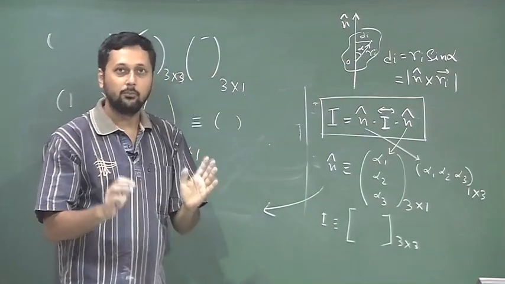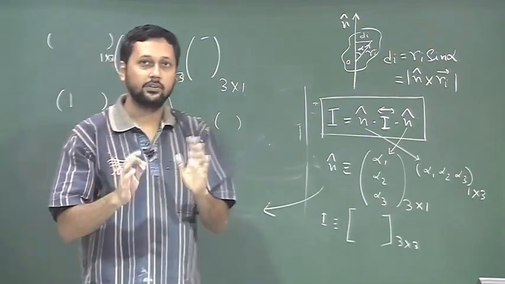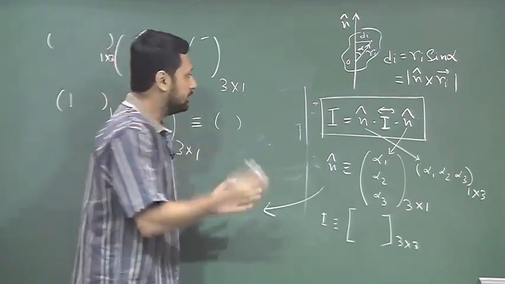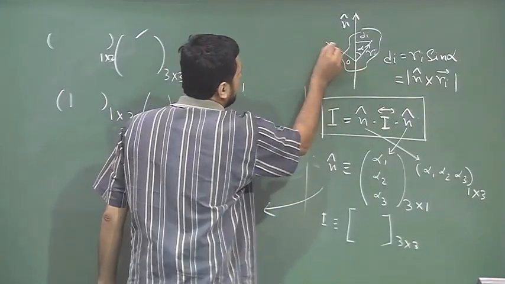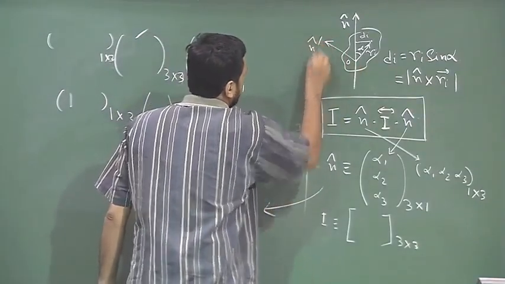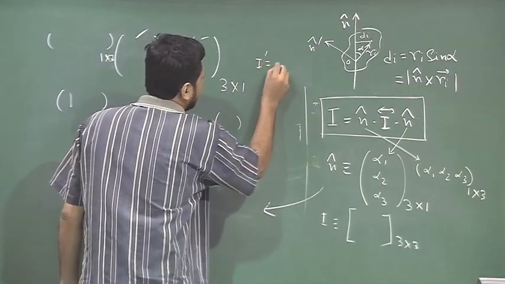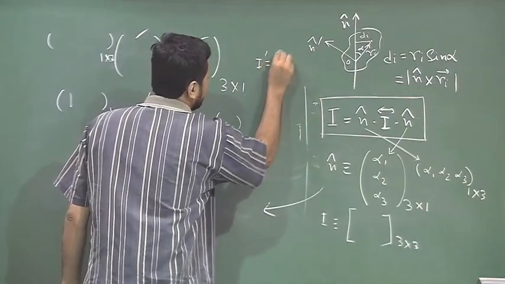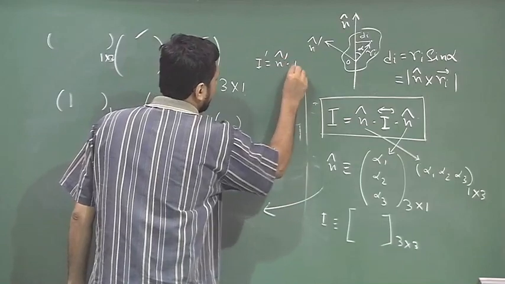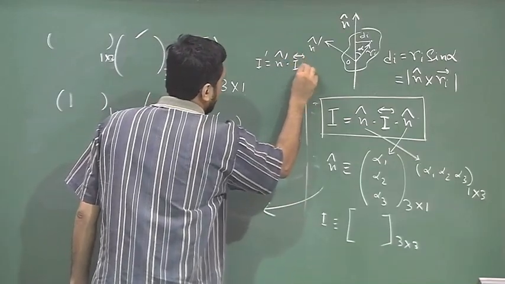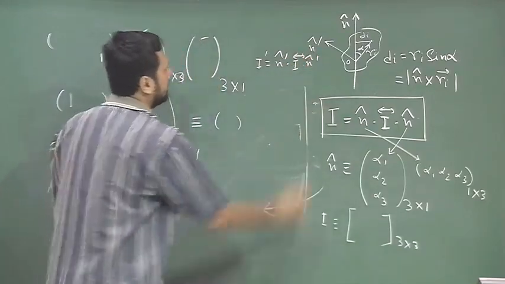You want to know the moment of inertia with respect to another direction which is given by some arbitrary n capped, just calculate I dashed, which will be equal to n dashed I n dashed, right.